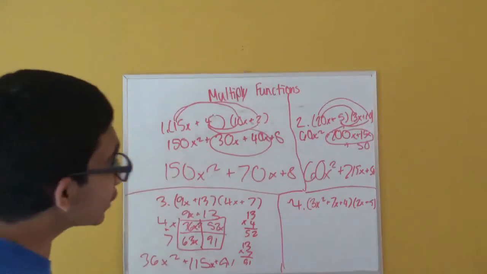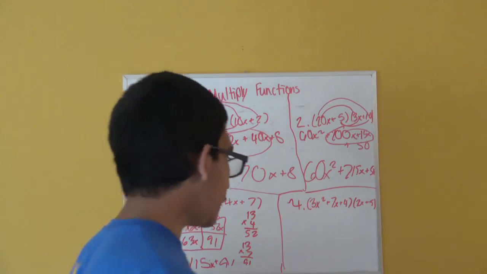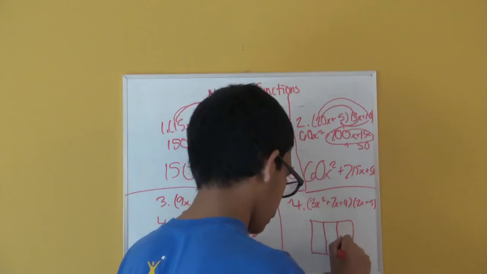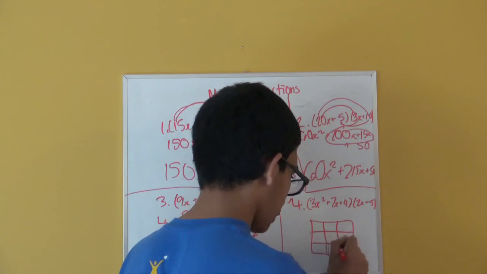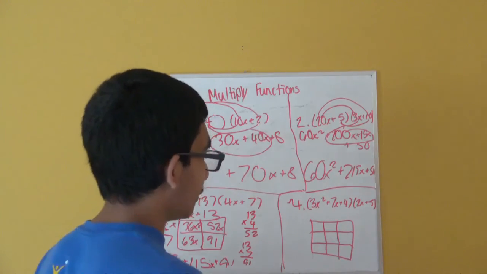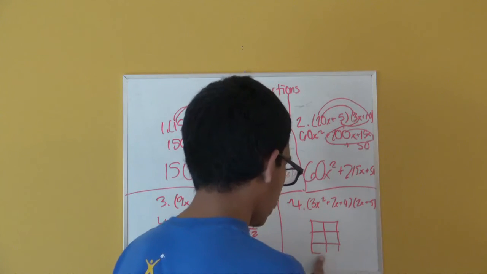Okay. For the last one, it may be difficult to do the box method, but really, you just want like a 3x3 square. Since one of the terms does have, oh sorry, my bad, like a 3x2.